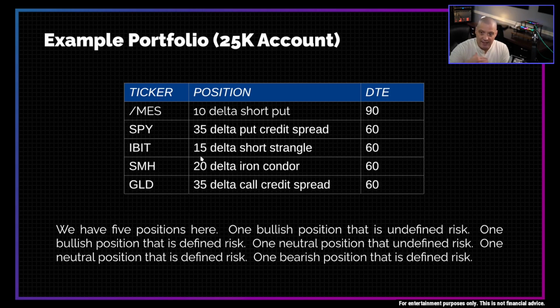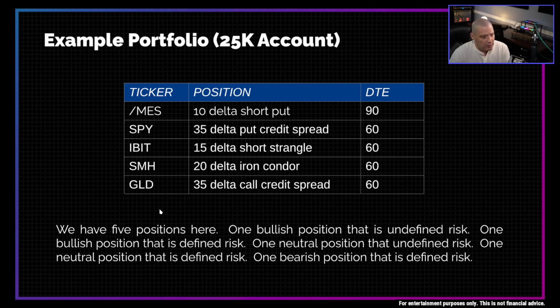So once again, I need to do something that's not a bullish position. So in this case, I decided to do a neutral position. And in this case, I didn't want to do a neutral position that was a short strangle, which is undefined risk. I wanted to do a neutral position that was an iron condor, which is defined risk. Again, we want to vary. Defined risk, undefined risk, bullish, bearish, neutral. Again, that's how we're creating this diversified portfolio.